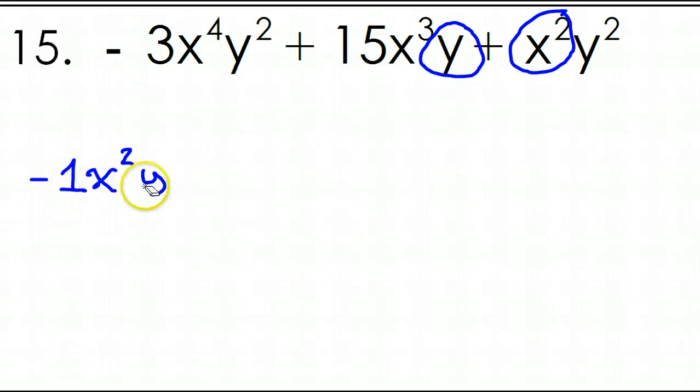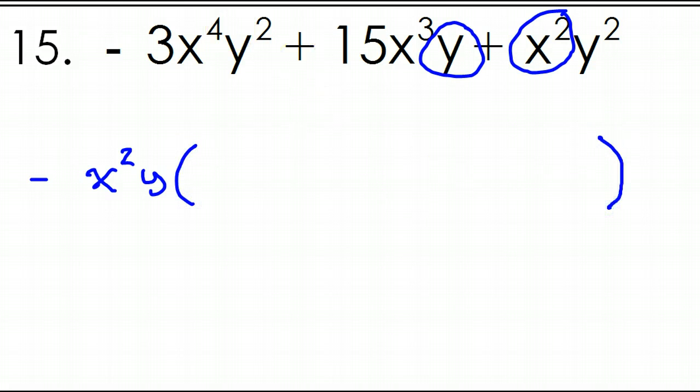Okay, now that we have these other things, the x squared and the y, we don't need the 1, so it's just negative x squared y. So this will be our greatest common factor. So again, anytime you have a negative number as your leading coefficient, you're always going to want to pull that negative out when you factor.